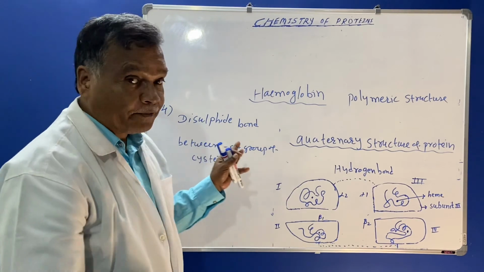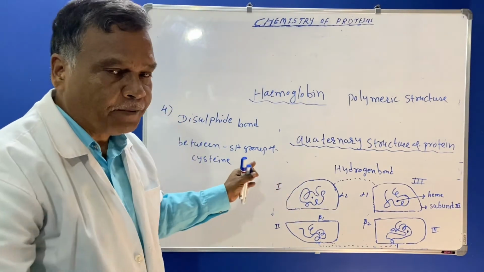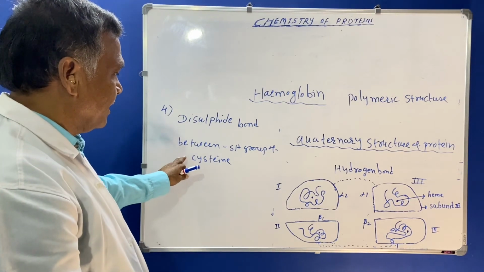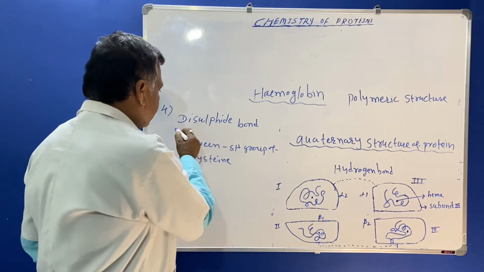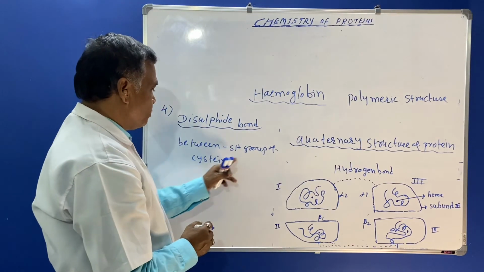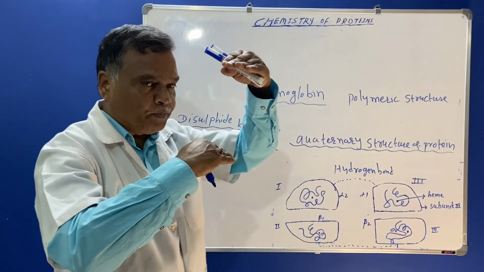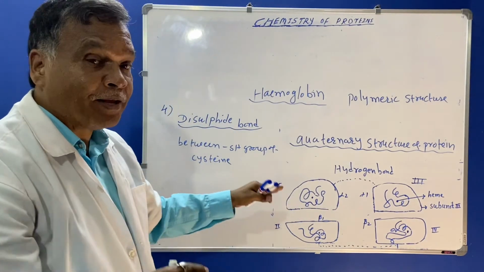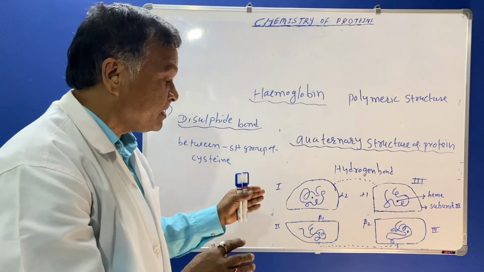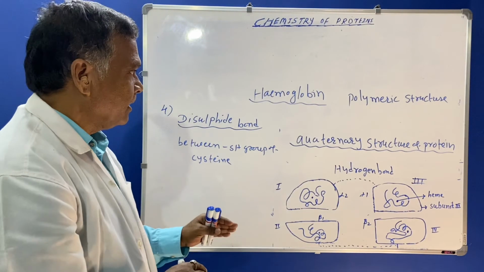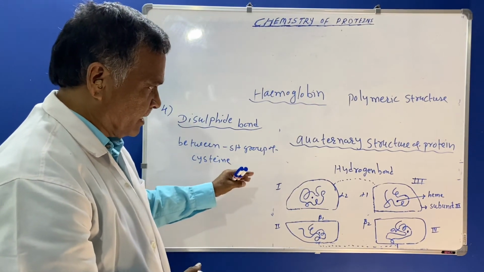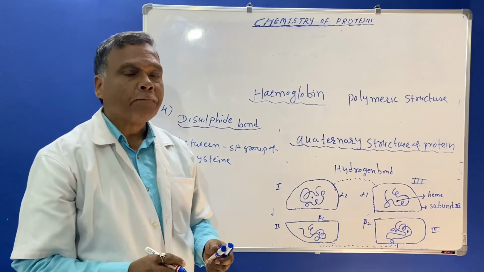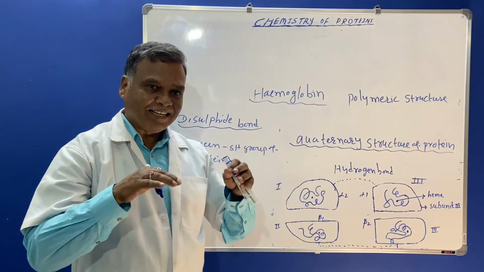I just explained the structure of insulin. So here, the disulfide bond will take place between the SH group of cysteine. The two polypeptides are connected with the disulfide bond. So these bonds make the quaternary structure stable. Therefore, we can see that these bonds are important to keep the protein quaternary structure in a stable condition.